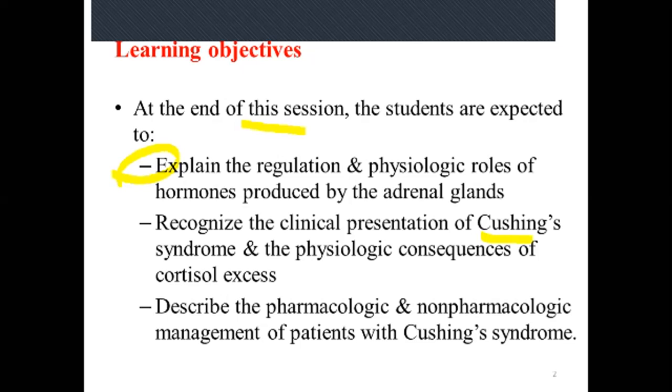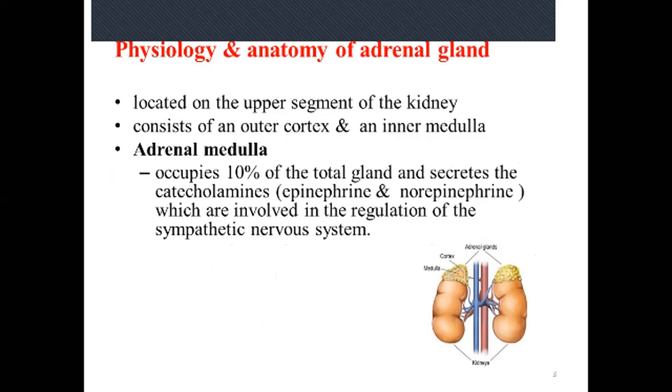Remember, cortisol is very important, but when it is too high, it has devastating complications to the body system. Then describe how we are managing this condition. We have several types of adrenal gland disorder, but for today we are going to concentrate on Cushing syndrome. Let me start with the physiology and anatomy of the gland.